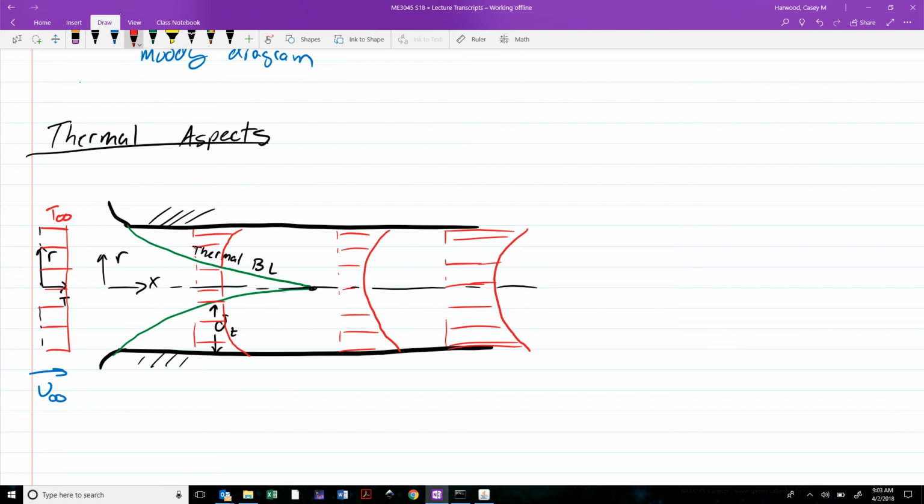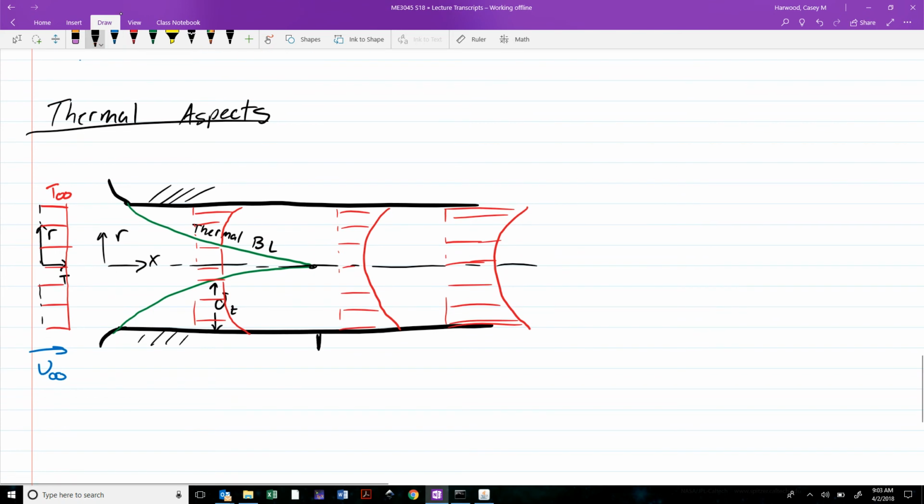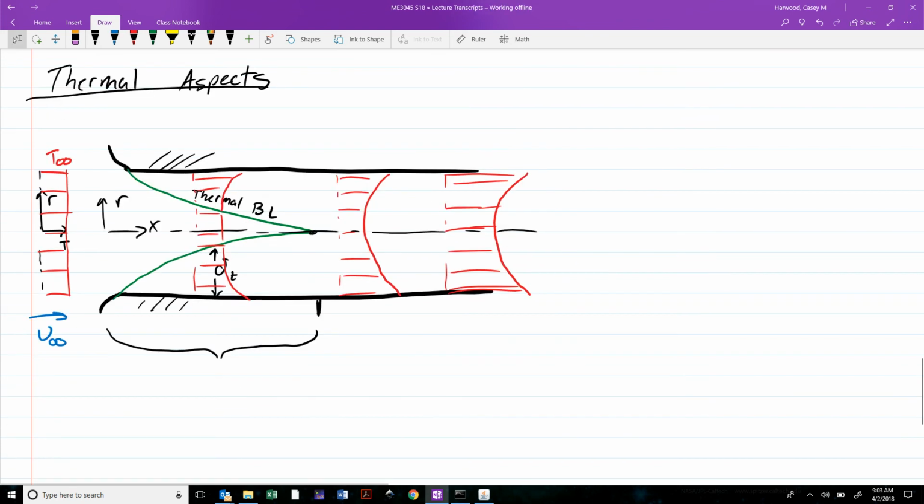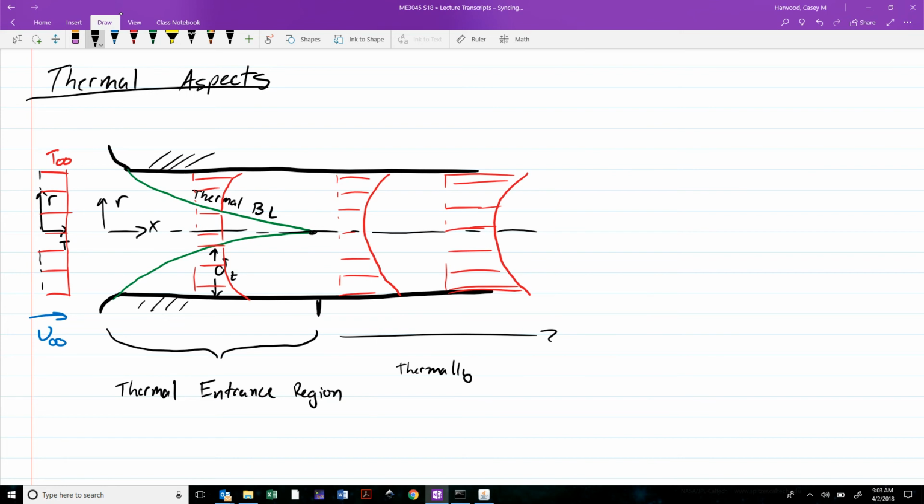Once again, before these boundary layers meet, we call this the thermal entrance region, and downstream of this point, we call this thermally fully developed flow.